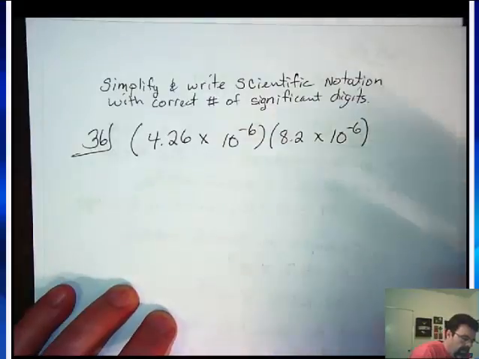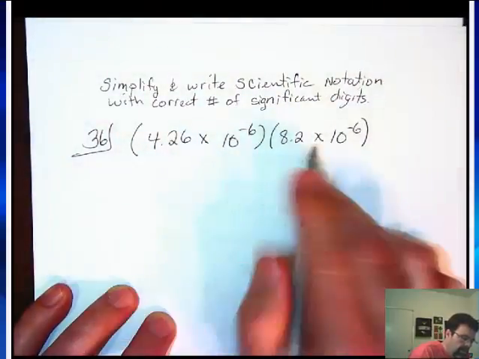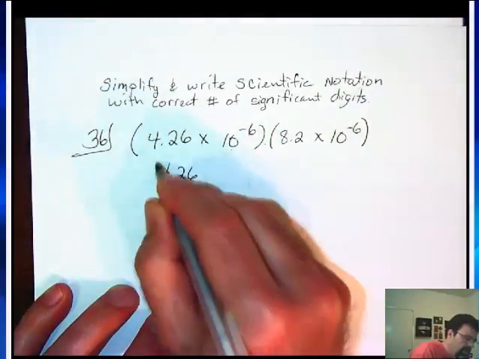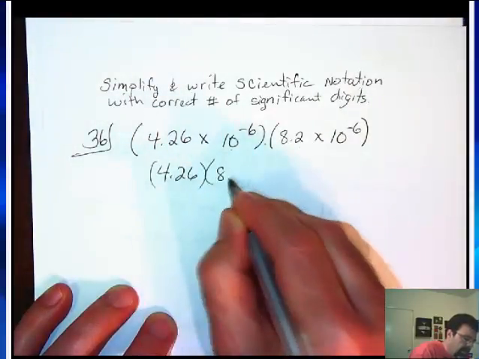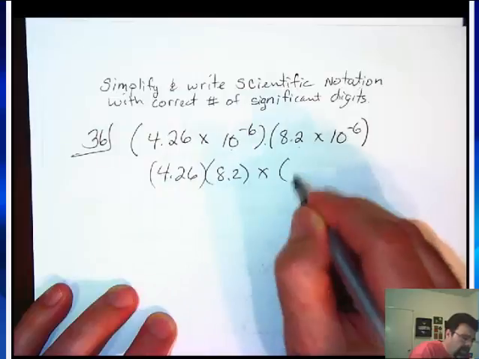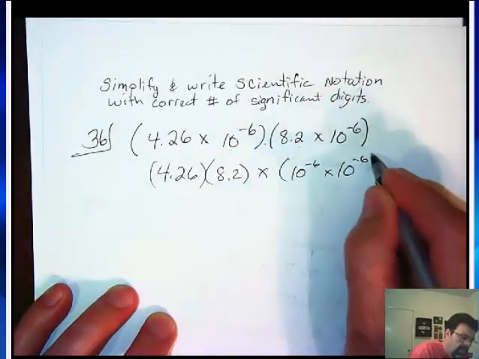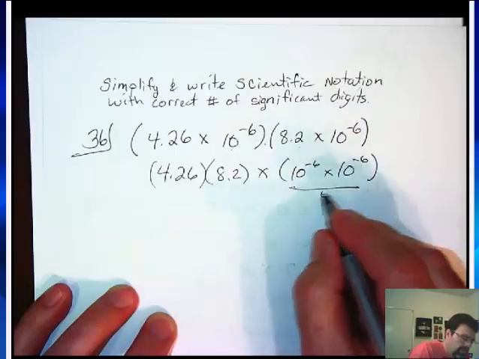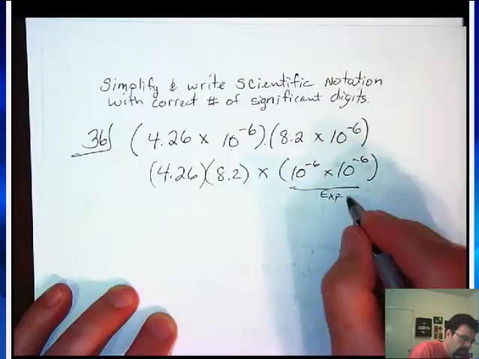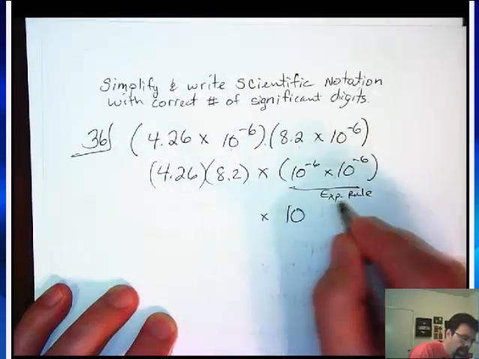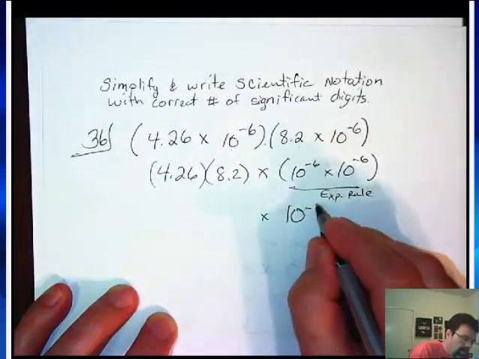Okay, so the way we do this is all multiplying, so I can switch these two and actually do these numbers. So I'll punch this in my calculator, and then I'll use exponent rules for this portion. So let's do that first. That's 10 to the, you're going to add the exponents, negative 12.